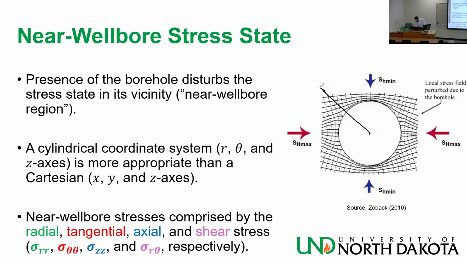Now, if I go to this arrow and I extend it, I will use green. If I extend it, this is the direction of sigma RR. That's the radial stress. This is the direction of a radius from the center of the well, extension of that. That's how I get the radial.